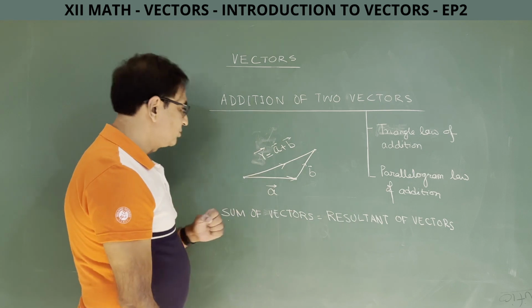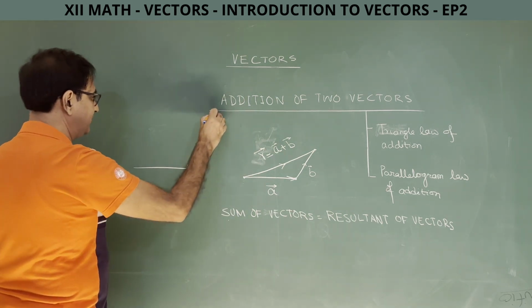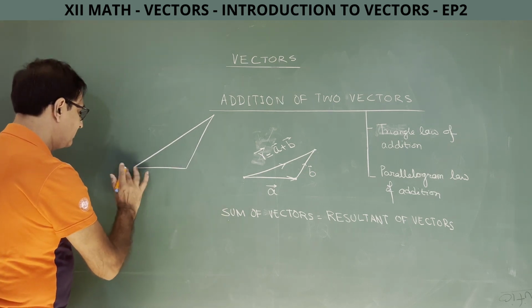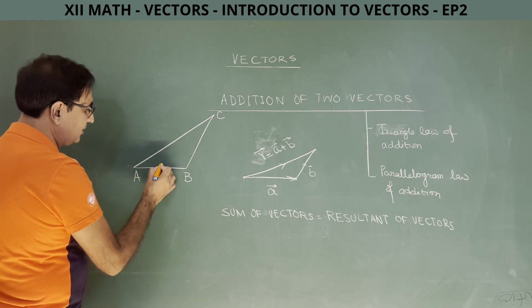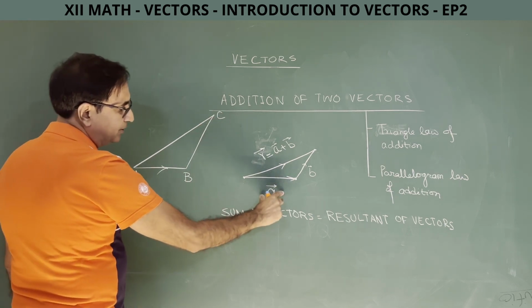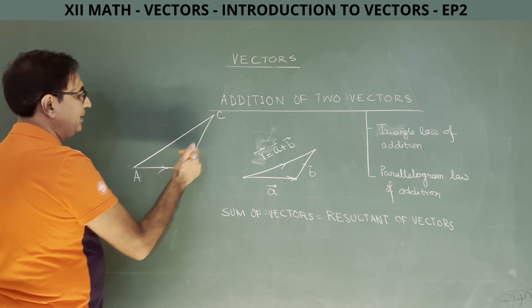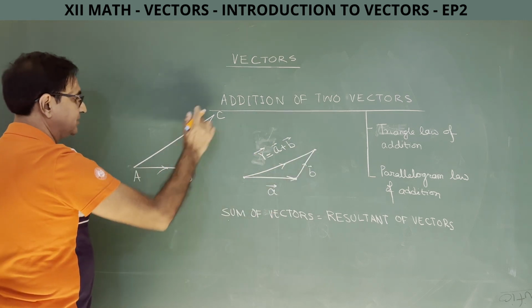If I use capital letters for the endpoints that you see here, this is A, this is B and this is C. This is vector AB. Instead of representing by a small letter, I am representing by two capital letters. This is vector AB, this is vector BC, and this is their sum.